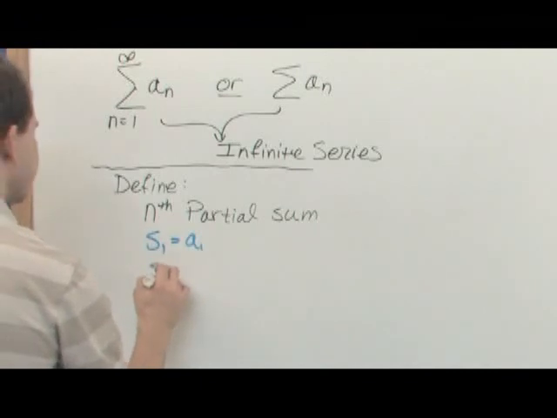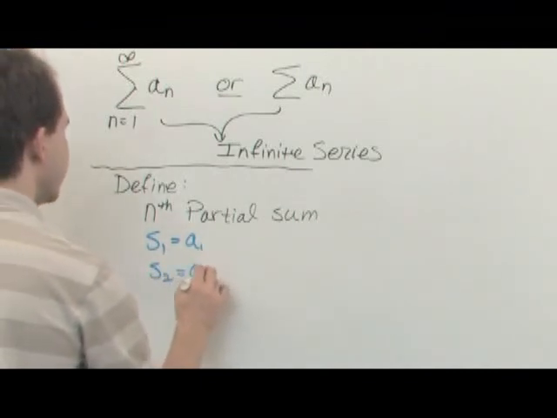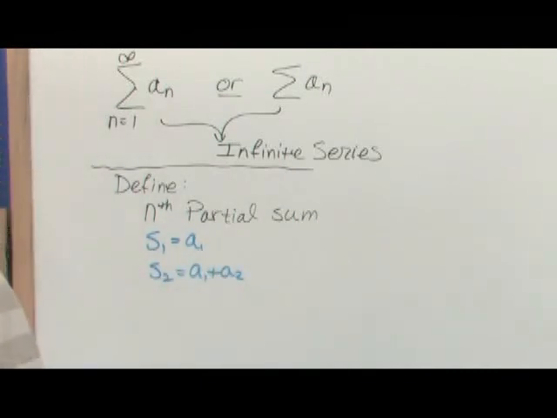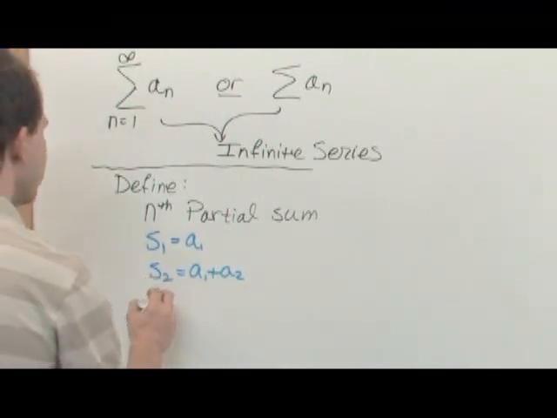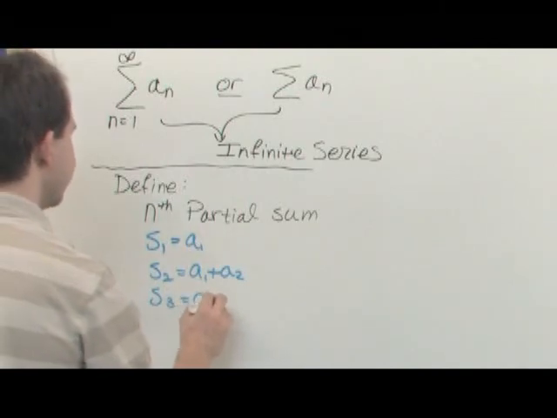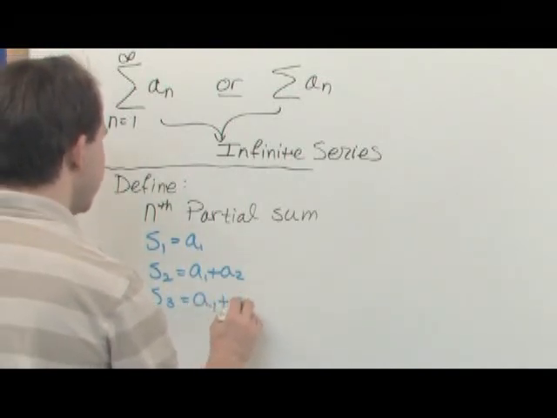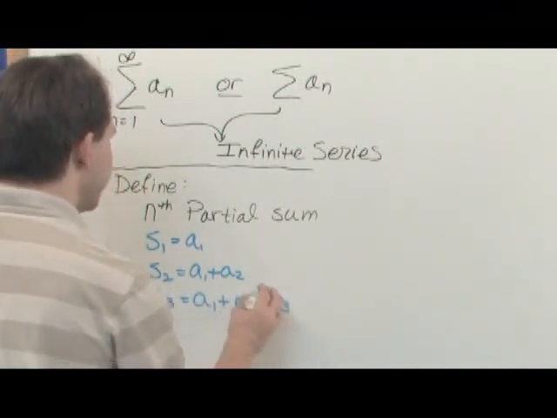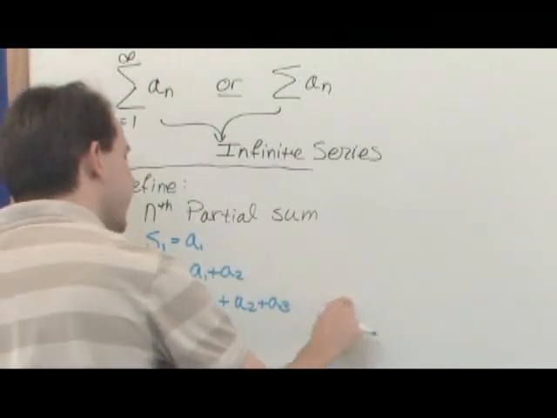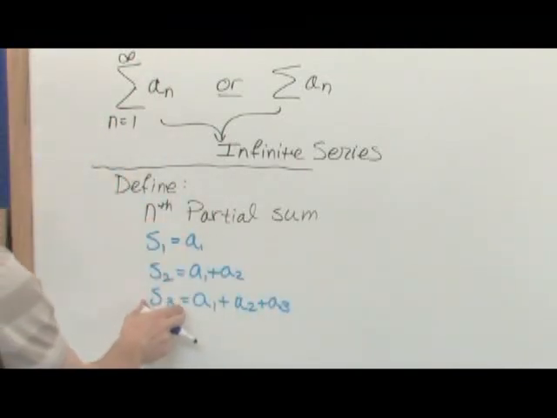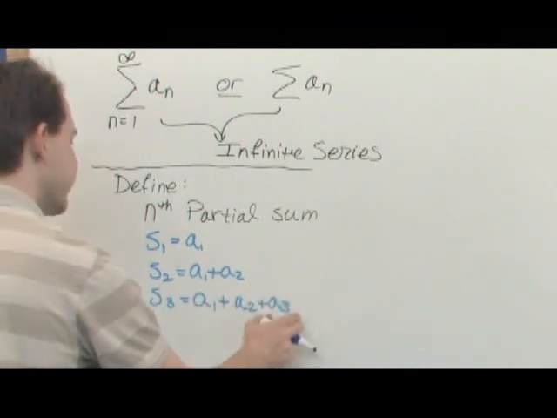The second partial sum is a1 plus a2. So I'm just adding up the first two elements in the original sequence. The third partial sum, you might guess, is a1 plus a2 plus a3. Notice I don't have any dots anywhere. I mean, this is literally the third partial sum is three things added together, the first three things.